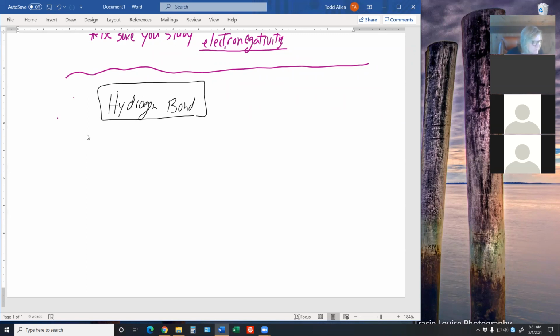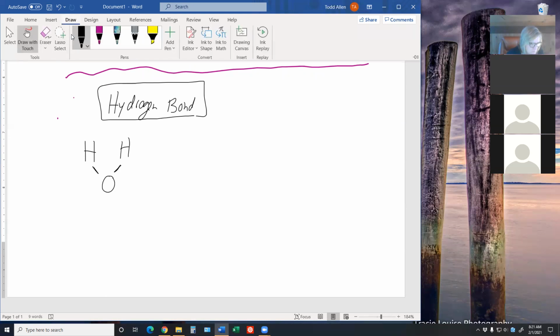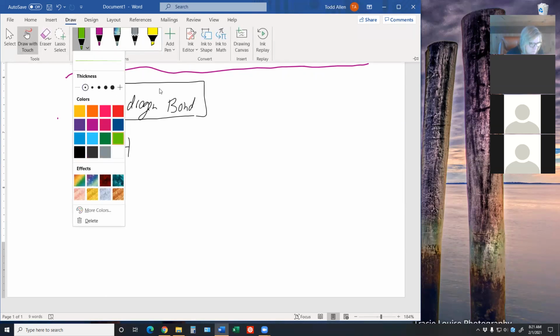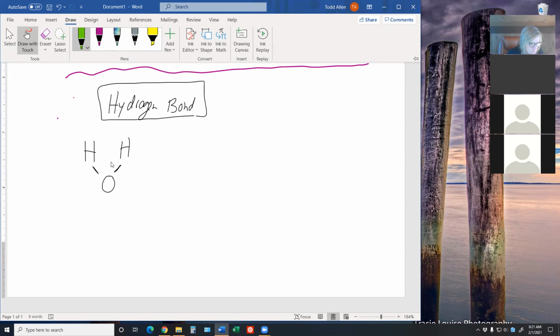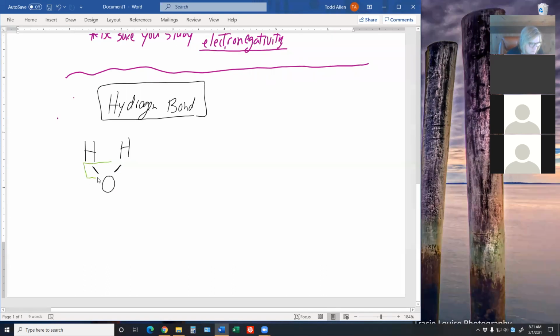So I'm going to draw a water molecule, H2O. 2 atoms of hydrogen and an atom of oxygen. And I'm going to take these bonds and highlight them in a green rectangle.